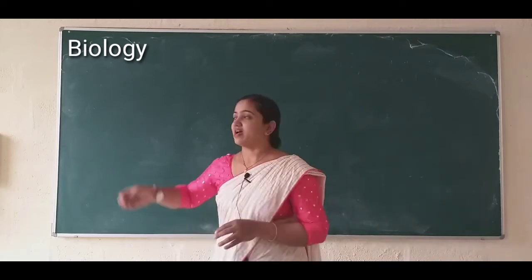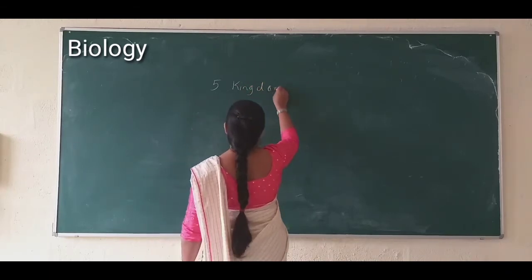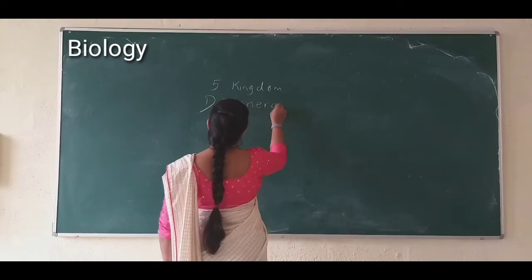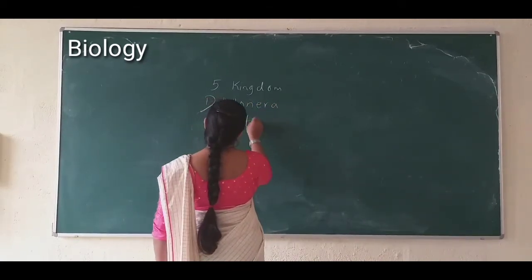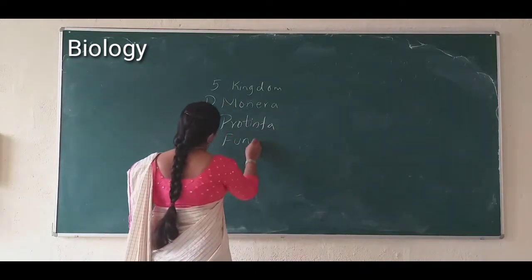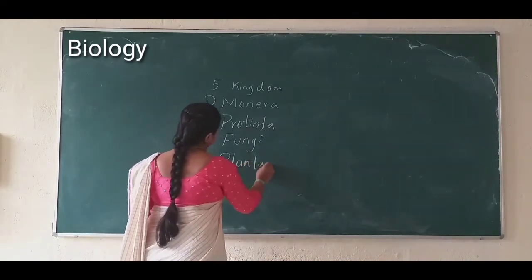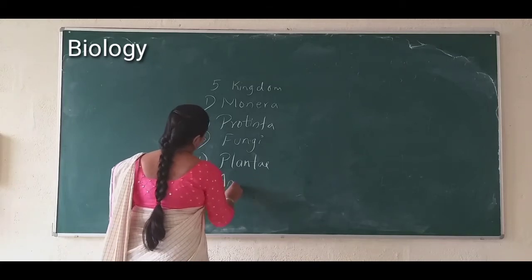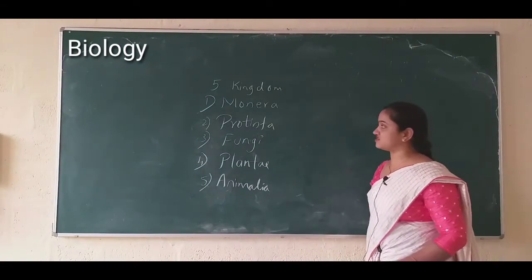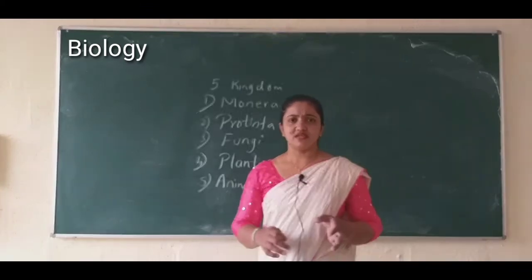So as I told you, we have 5 kingdoms. The first is kingdom Monera, then the second is kingdom Protista, third is Fungi, the fourth is Plantae, and the fifth is Animalia. If I write it like this, maybe you won't understand what Monera, Protista or Fungi are.